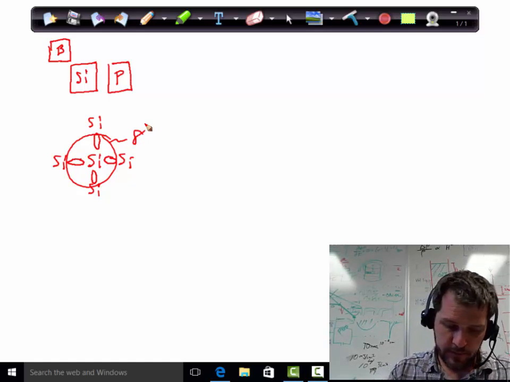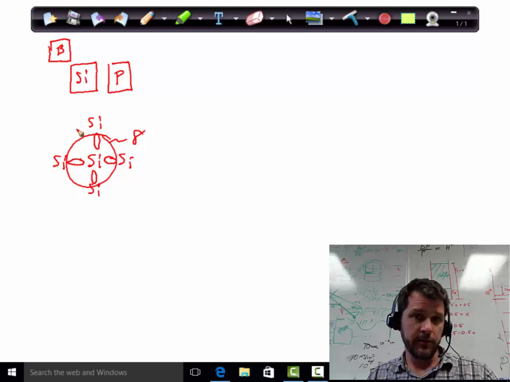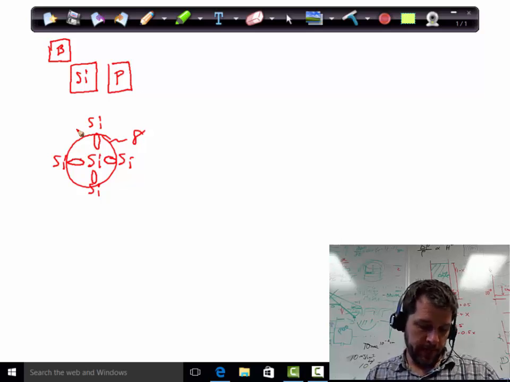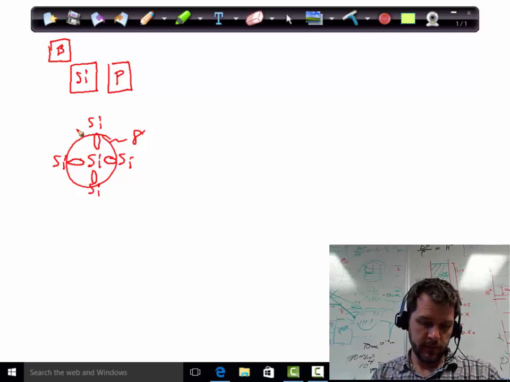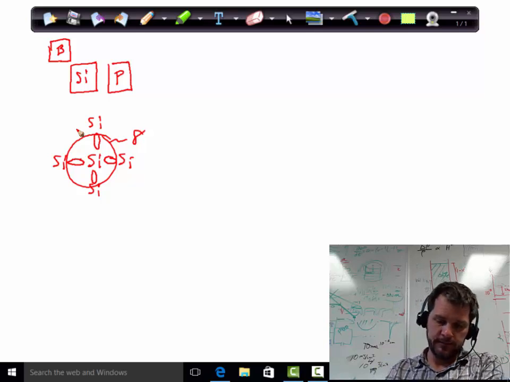So this silicon crystal will be charge neutral, and there's no free electrons. This would be the intrinsic case.